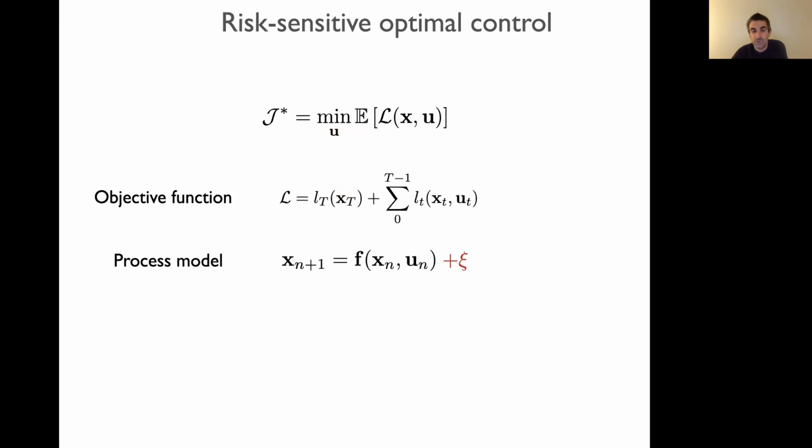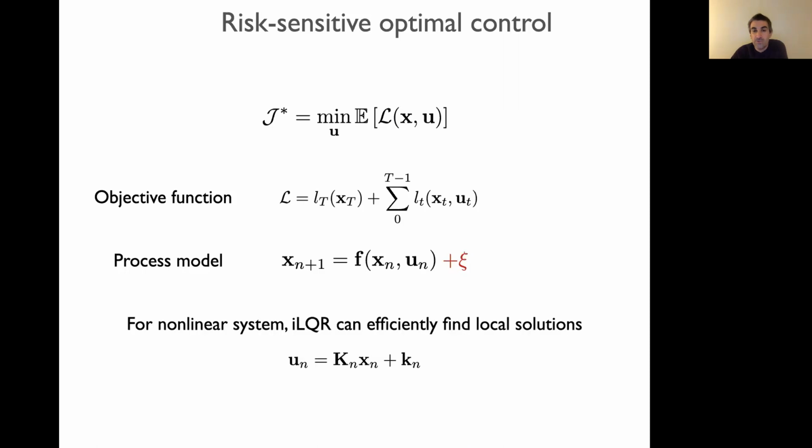So that would be the optimal thing to do. If you do that for a linear system, you can do iterative LQR or iterative LQG in this case, because you have uncertainty, that will efficiently find local solutions. And at every step the local solution will be a control that is a feedback law of the current state plus some feed-forward term, right? The feed-forward tries to achieve the task, and the feedback tells you how to reject disturbances.